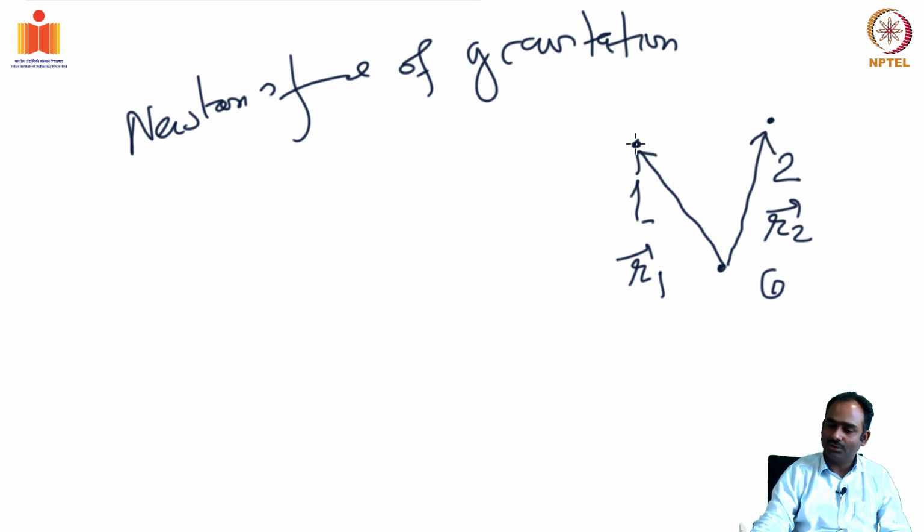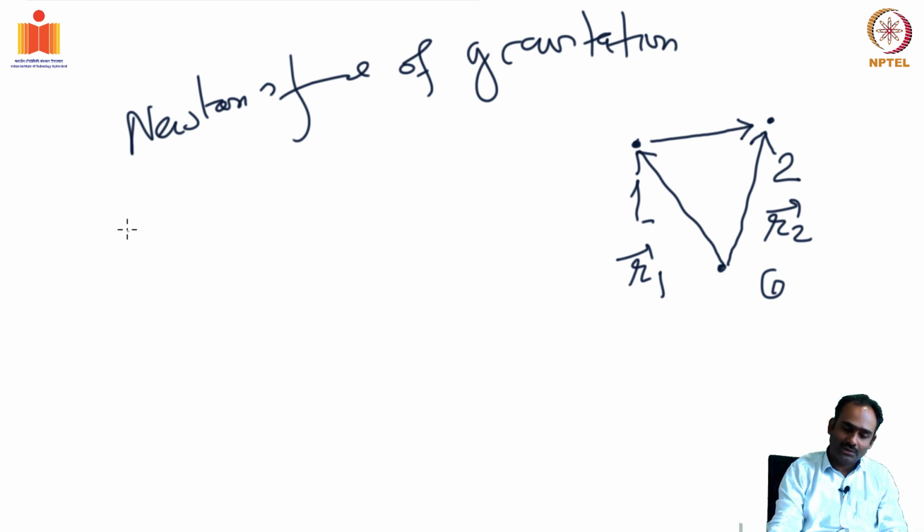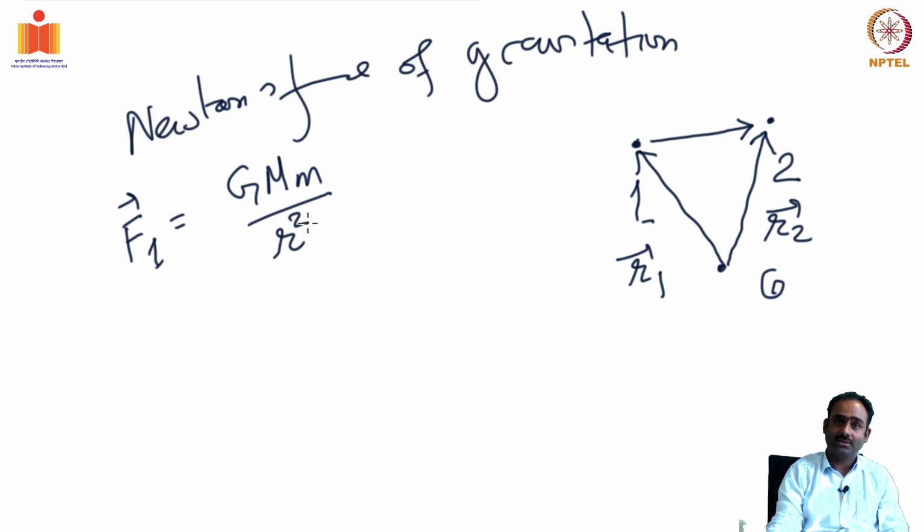Now I want to know the force on the first one. Clearly the force on the first one will be directed towards 2 because it is being pulled towards 2. It's the gravitational force. So the force on particle number 1 would be G m m over r square. It's an inverse square law, you know.